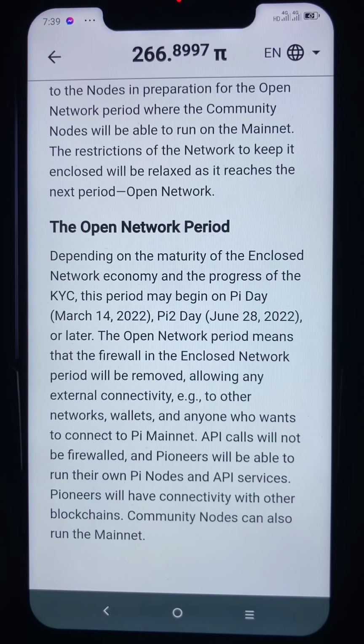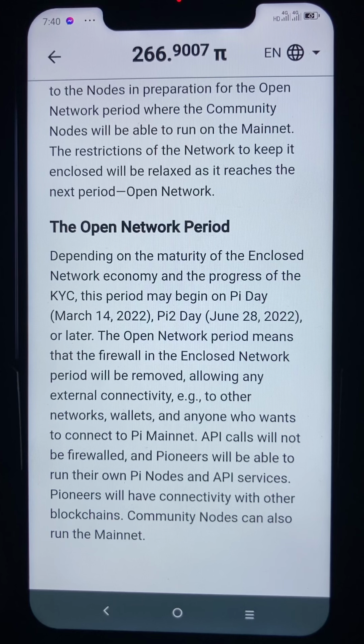Pioneers will have connectivity with other blockchains. Community nodes can also run the mainnet. So, yan na. Fully open na siya. Pero, important detail dito is, open network is dependent on what happens to our enclosed network. So, it may be as early as March 14, Pi Day.